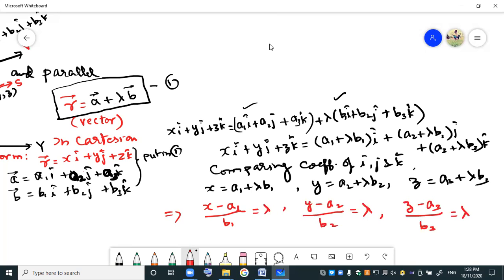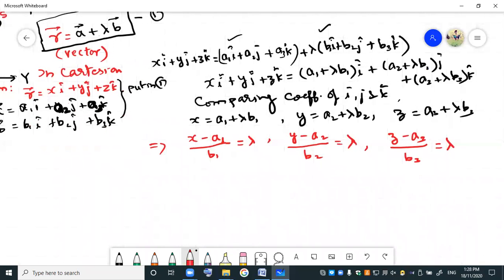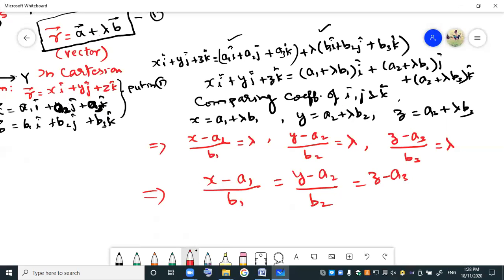So all these are values of lambda, so we can equate them. Now we can write in the Cartesian form. Therefore, this concludes that we can write (x minus A1) upon B1 is equal to (y minus A2) upon B2 is equal to (z minus A3) upon B3.